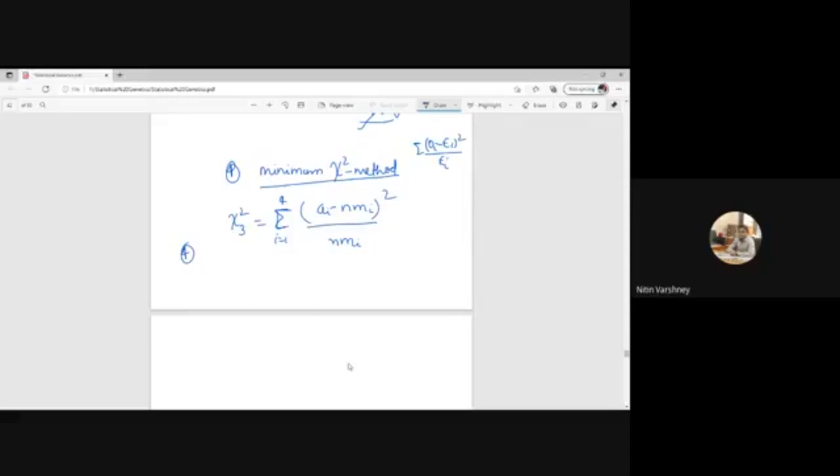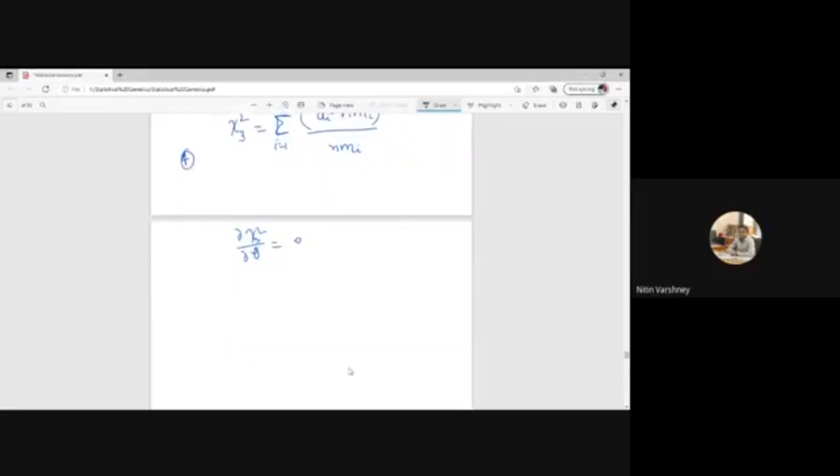From here we have to take the derivative of this chi-square by del theta and put it equal to 0 for calculating the variances. So directly I am writing that the variance of the minimum chi-square method is the same as that of the maximum likelihood estimator.